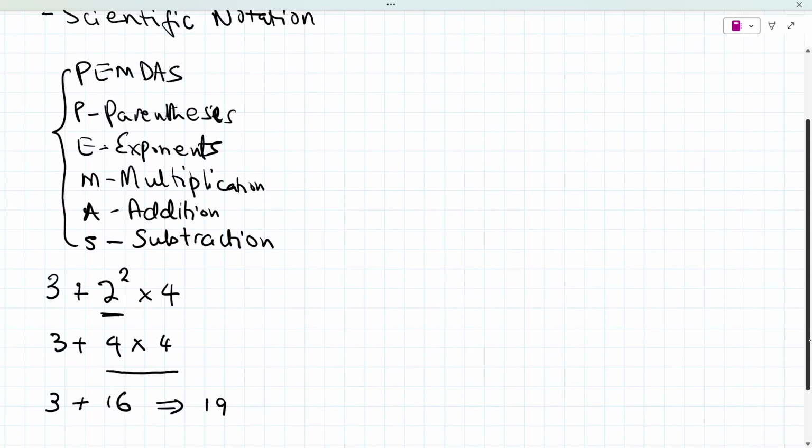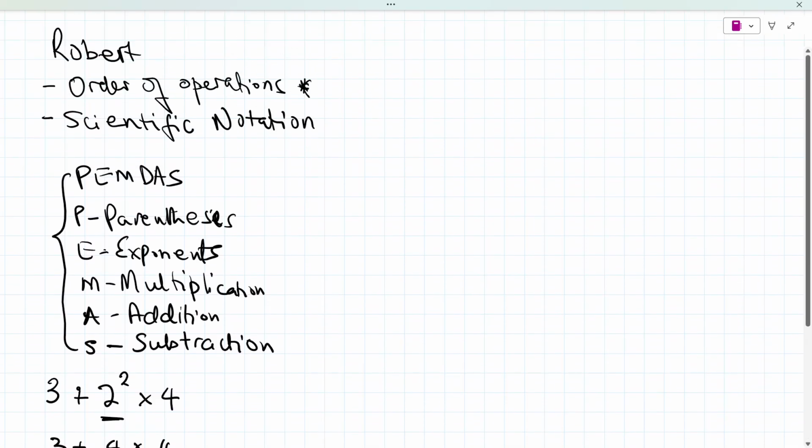Now, the next thing is scientific notation. When we deal with very large numbers, we can rewrite them more simply using scientific notation. For example, if we had a number like 100,000, this is the same as writing it as 1 times 10 to the power 5.